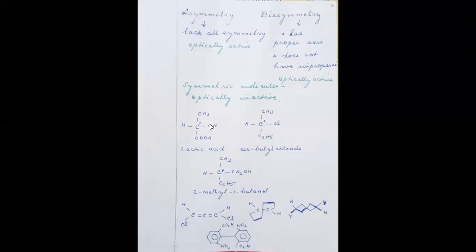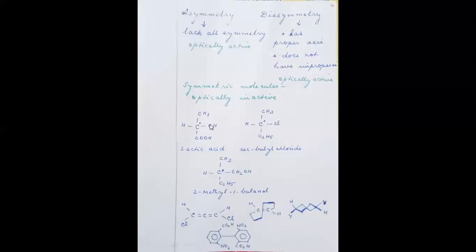That is the difference observed. How do these enantiomers differ? They differ in this particular property of turning the plane of a plane polarized light. If one enantiomer turns the plane towards left, the other enantiomer turns the plane towards right. That is the only difference.